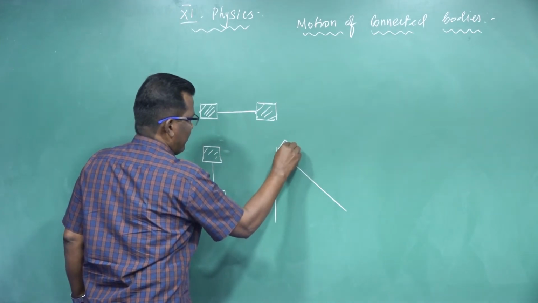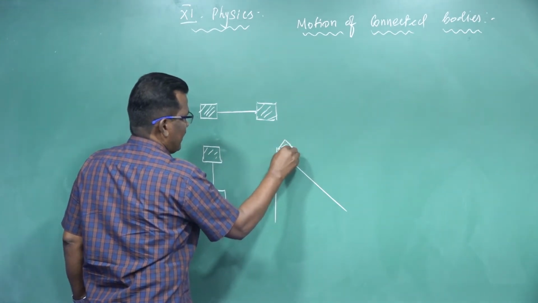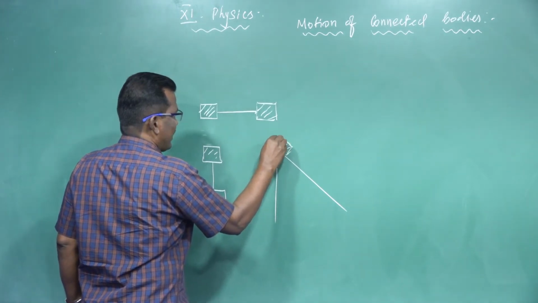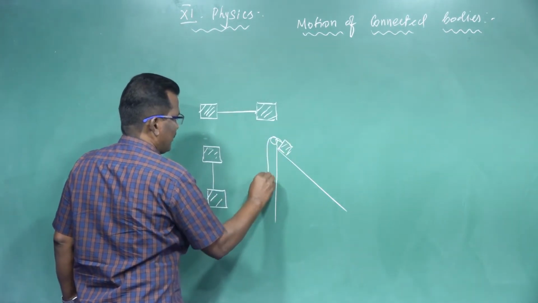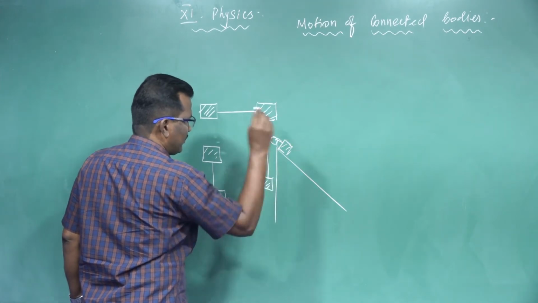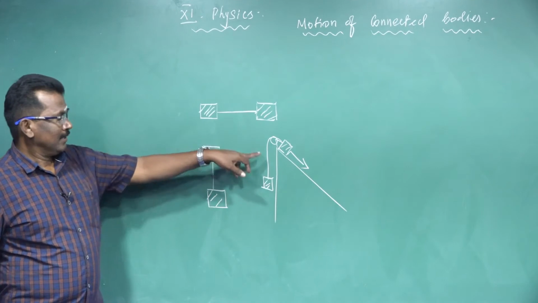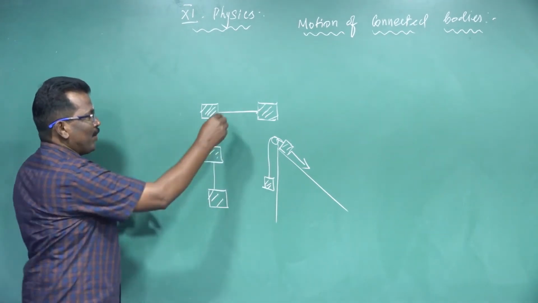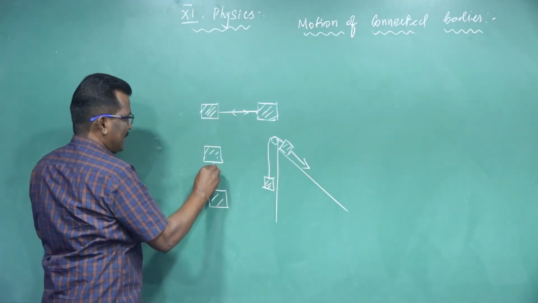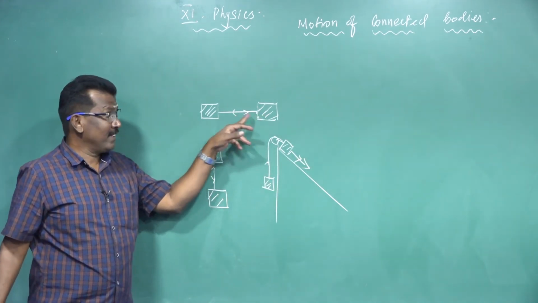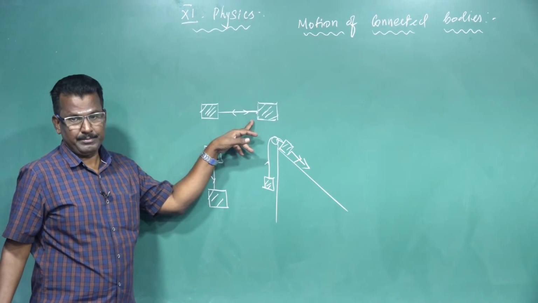If a body of mass m is connected by means of any string, there may be a tension produced in the string which affects the acceleration of the body.